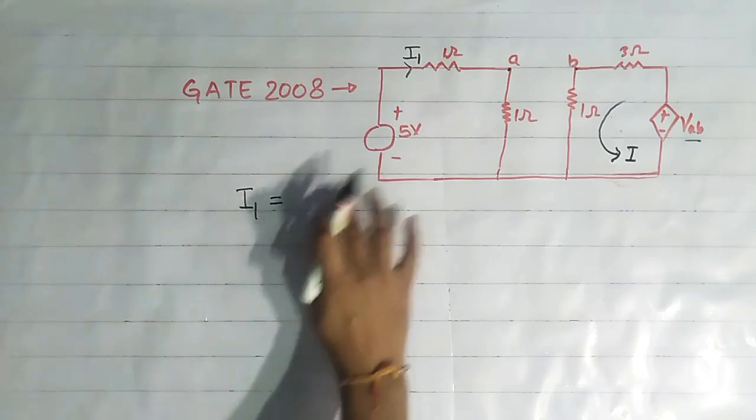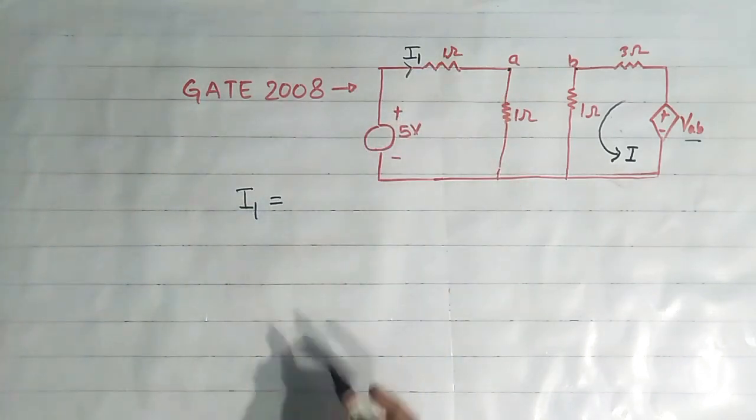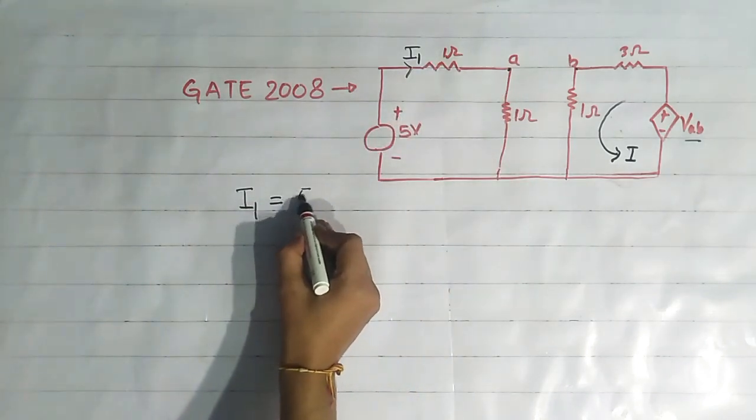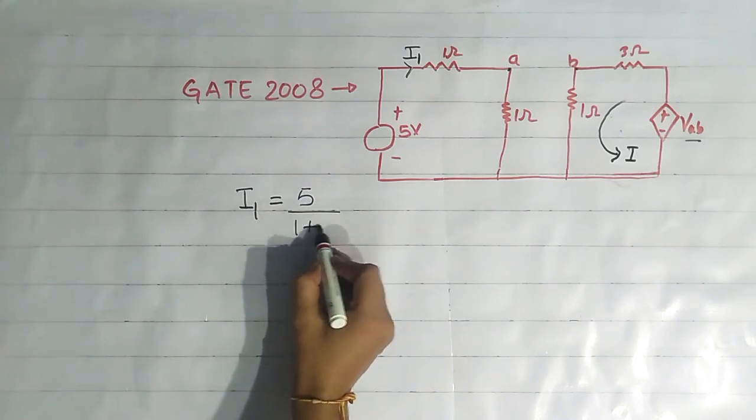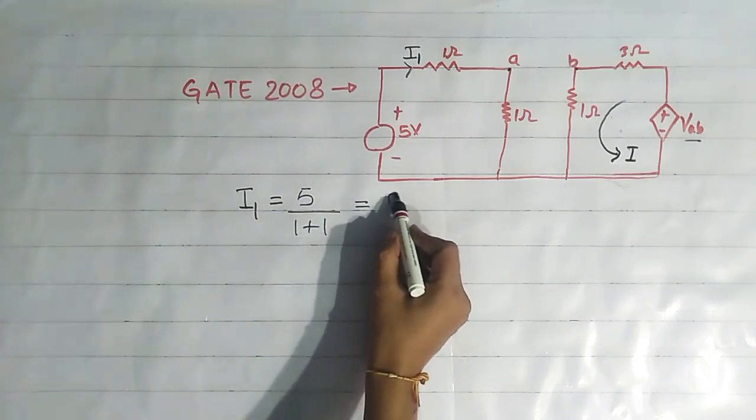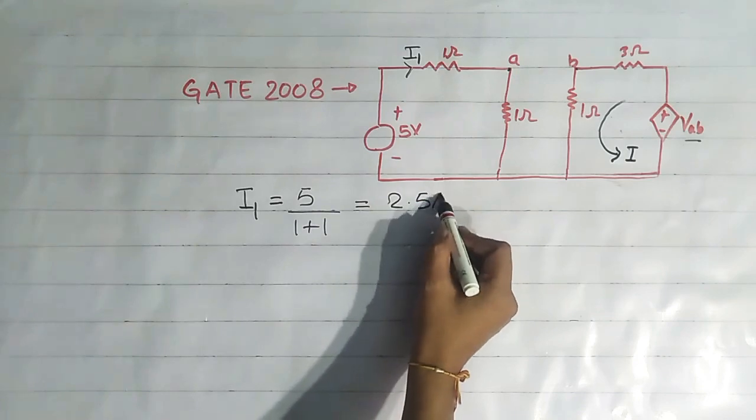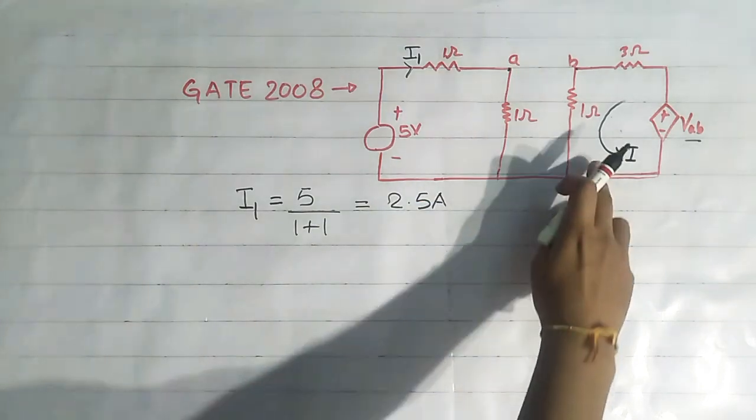So what is I1? We simply apply KVL in this loop, then we get I1 is equal to 5 by 1 plus 1, that is equal to 2.5 ampere. Now apply KVL in this loop.